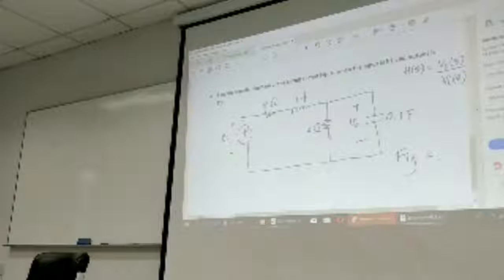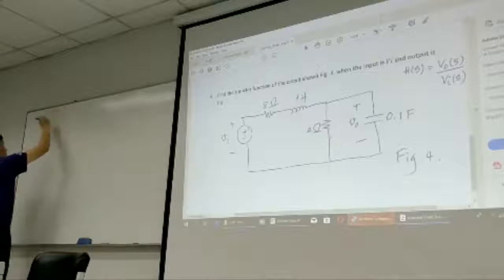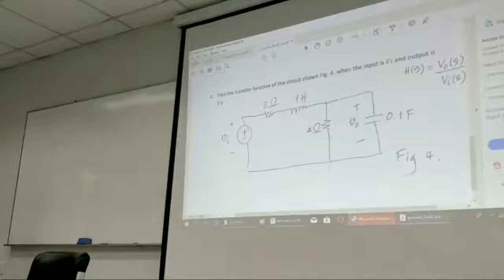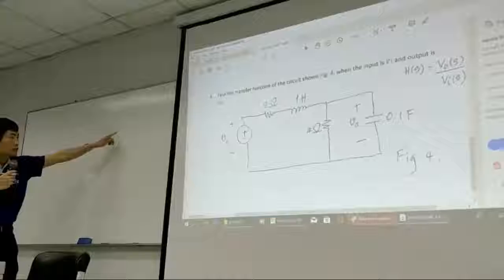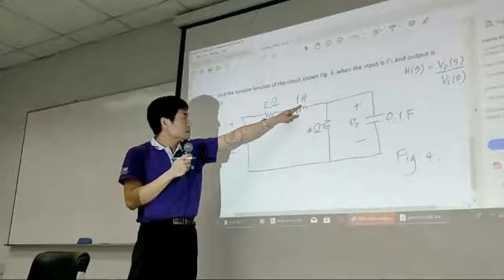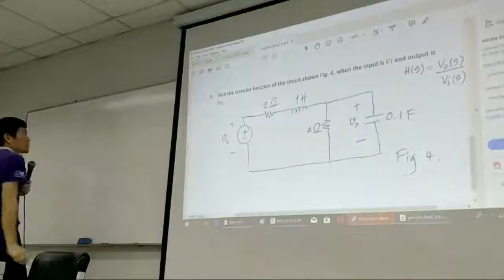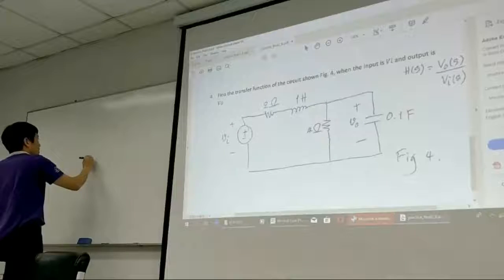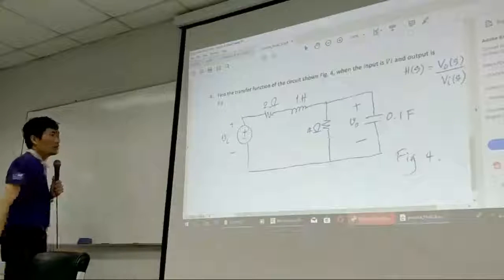The inductor, can you see the green? Yes. With the inductor L, when you transform into the S domain, you have SL. Remember, with the C, you get 1 over SC. So here, SL, the L is 1, so you get S. The resistor remains at 4 ohm.